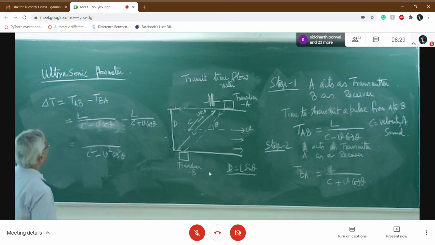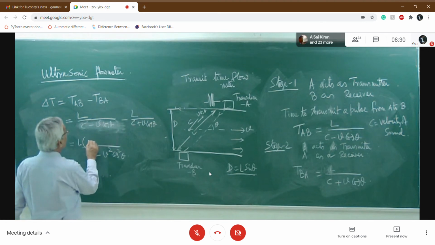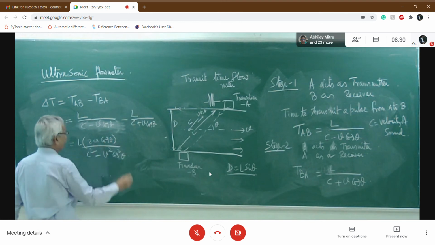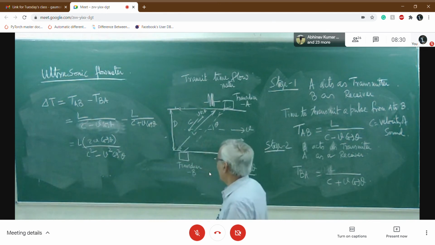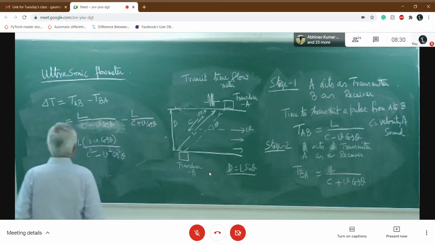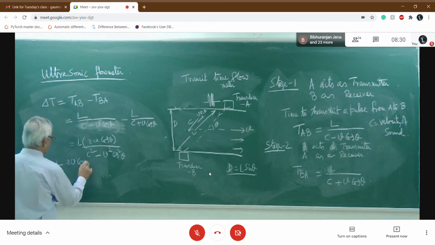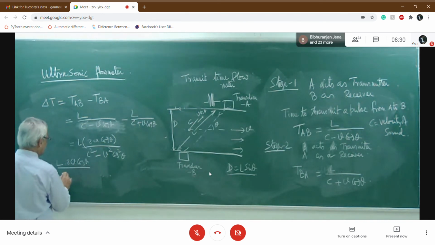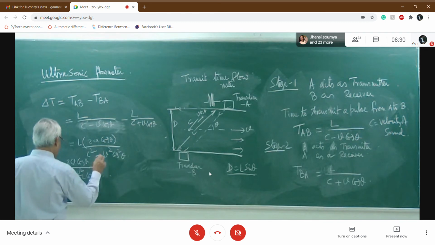And I can write this as L into 2V cosine theta over C square into 1 minus V square by C square cos square theta.